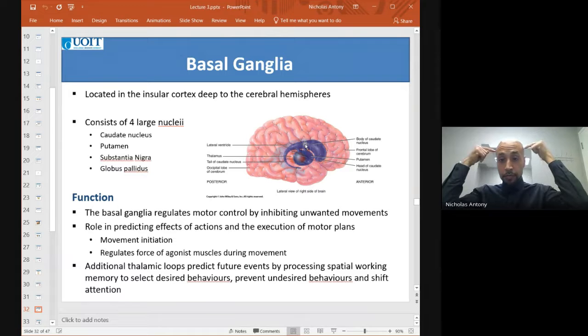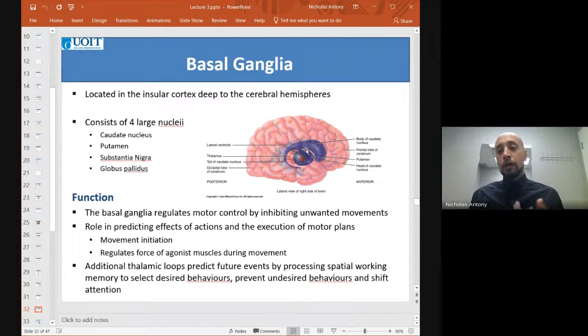It is a collection of different nuclei that in combination work to regulate motor control by inhibiting unwanted movements. They're like regulatory areas. What it does is it looks at the output from the motor planning areas and then decreases or increases the activation of the muscles to ensure that the movement that you're going to perform is smooth.